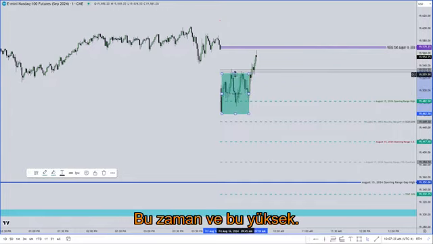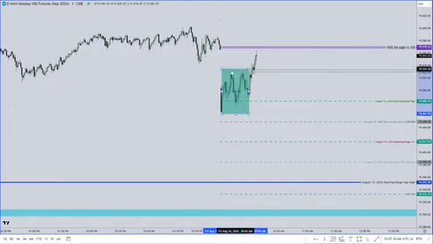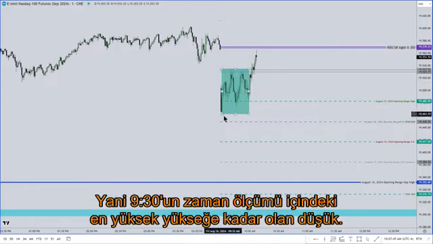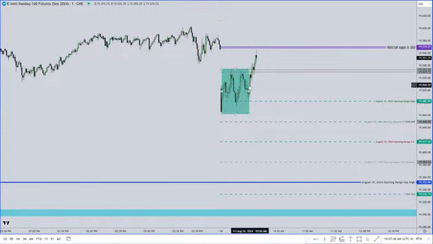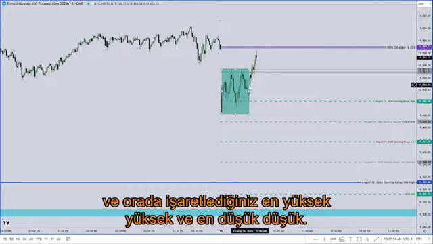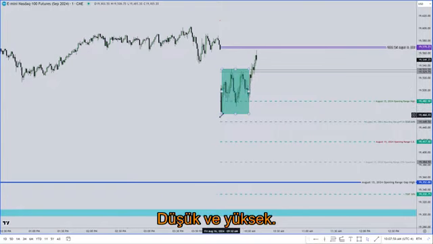Okay, that's the time and that's the high. Okay, so it's the low up to the highest high inside of the time measurement of 9:30 opening to 10. See the bottom of the chart, 10 a.m. And the highest high and the lowest low is what you're marking there, low and high.